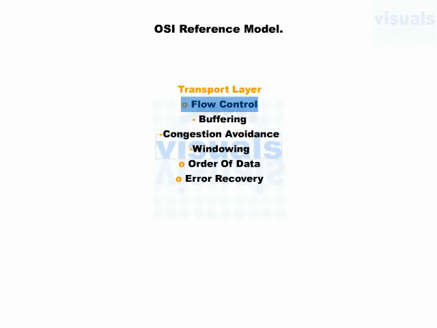There are different types of flow control. You can see here buffering, congestion avoidance, and windowing. Moving towards buffering, using this type of flow control makes excessive data stored without processing for the receiving system. This excessive data is stored in temporary memory and processed accordingly.